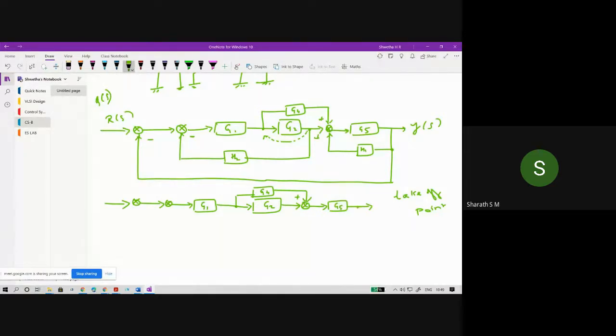So here we can split this. Instead of a single summation point for the forward path as well as the feedback path, we can split it into two summation points.